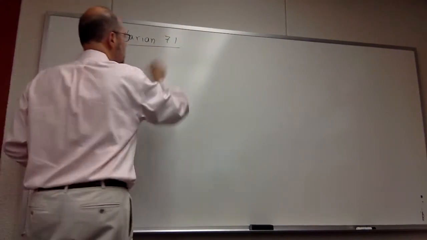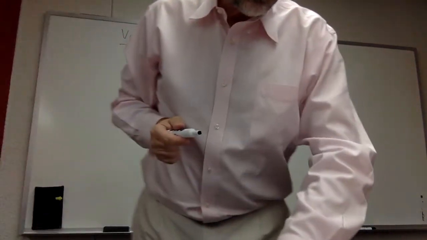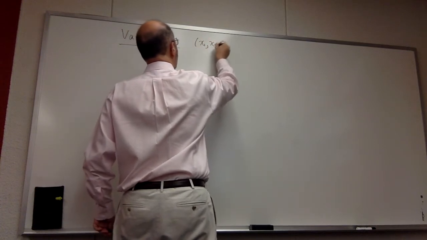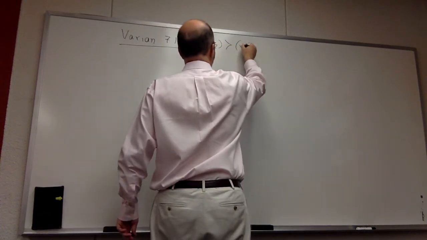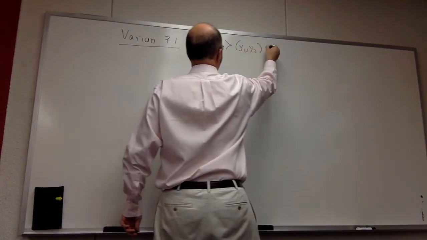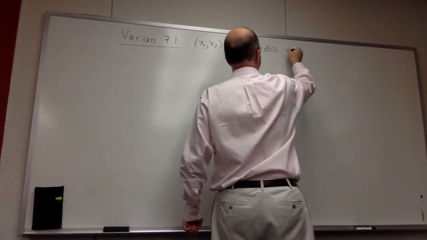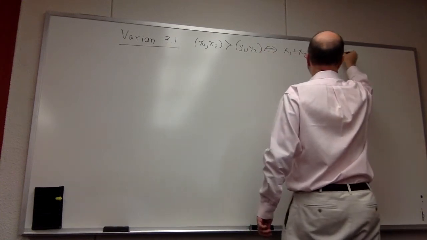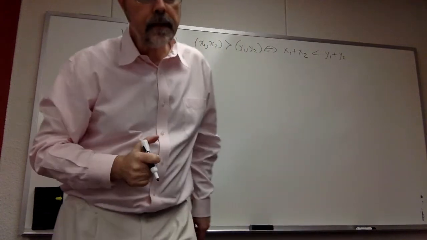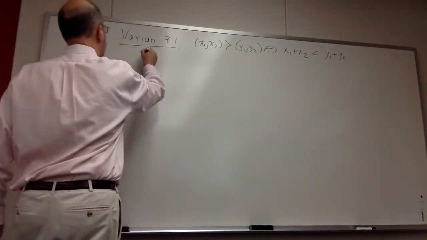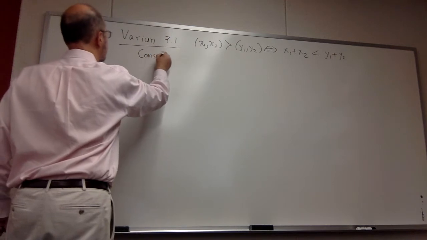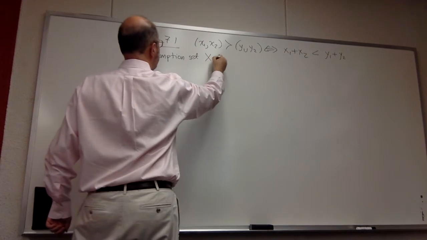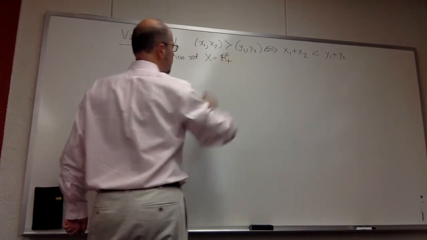Much better. Okay, so we have preferences defined by this formulation, and he does not say, but we are going to take the consumption set X to be R2 plus.